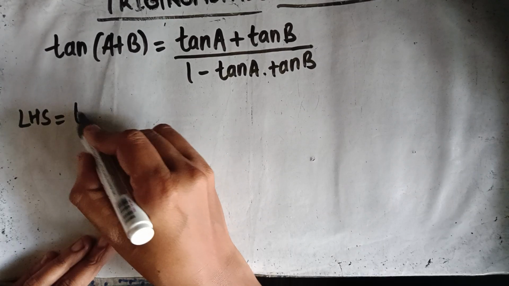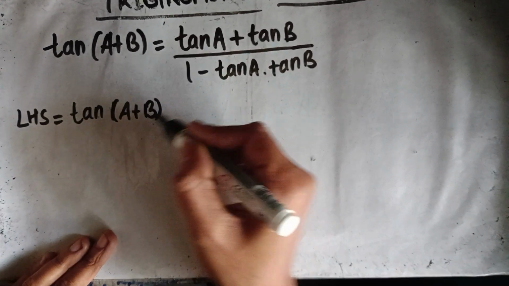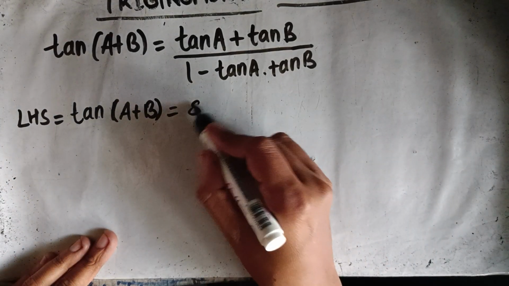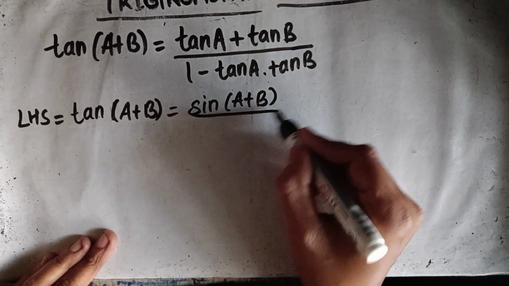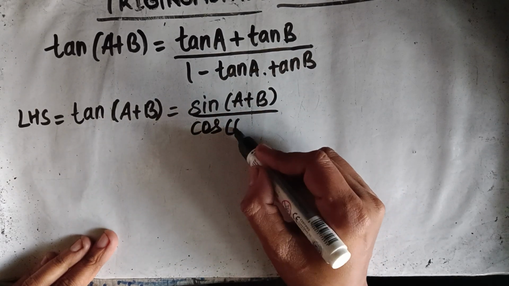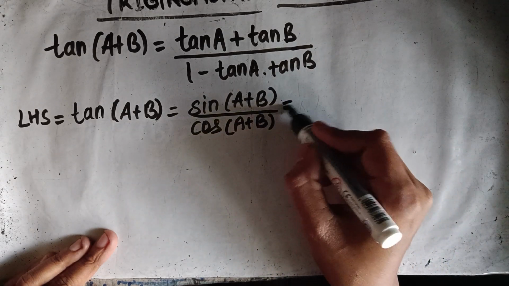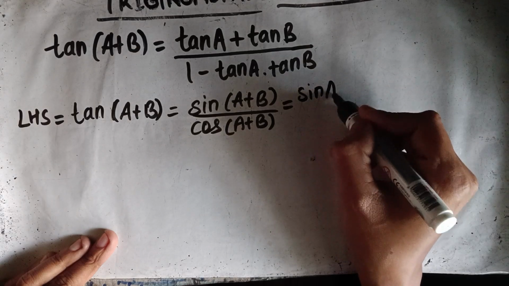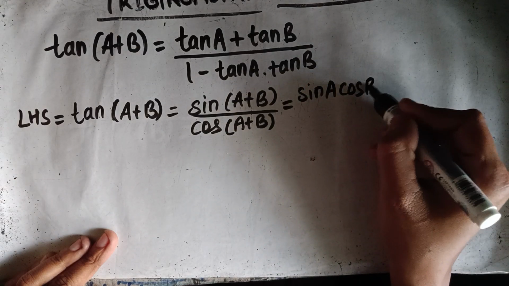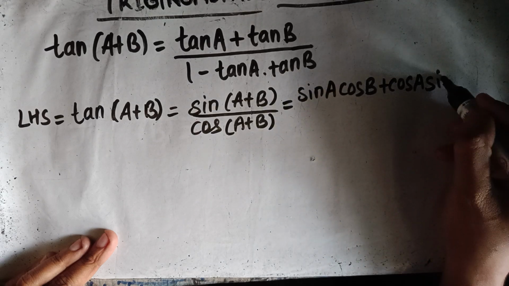We have tan(A+B). We can write tan in terms of sin and cos, that is sin(A+B) upon cos(A+B). Now we can expand this, using the identity sin(A+B) = sin A cos B + cos A sin B.